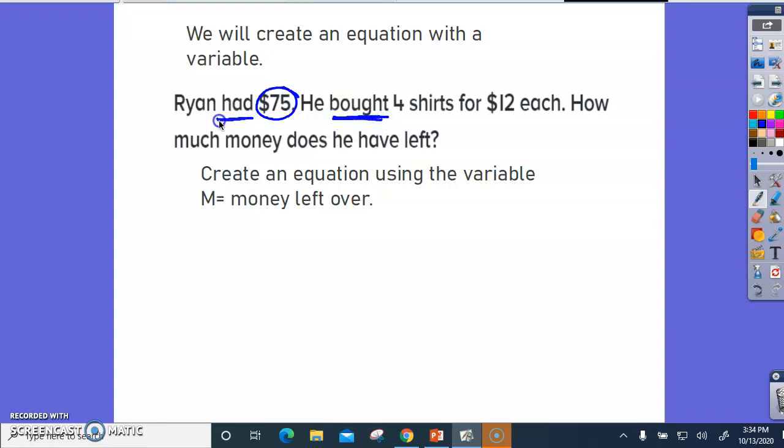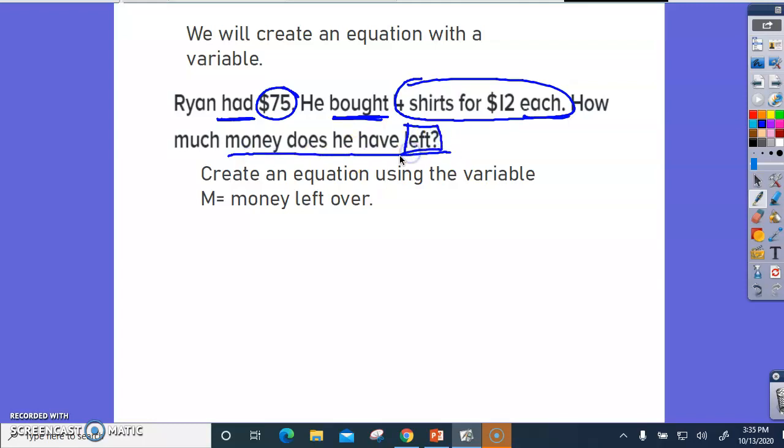Then he bought. I am going to underline these keywords. This is my cubes. 4 shirts for $12 each. He bought 4 shirts. I'm going to circle all of that together. 4 shirts. Each one of them costs $12. How much money does he have left? So we're looking for money he has left.